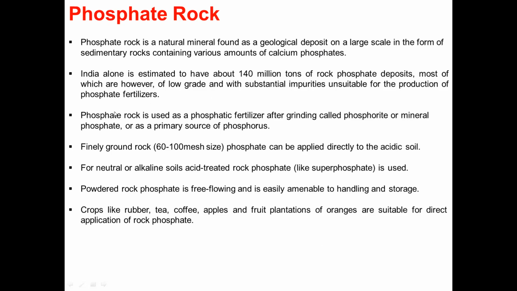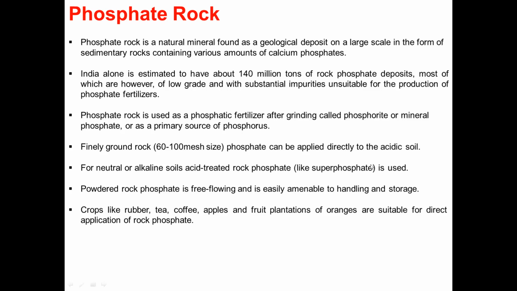Phosphate fertilizer. Phosphate rock is used as a phosphatic fertilizer. After grinding, it is called phosphorite or mineral phosphate, or it is used as a primary source of phosphorus. Finely ground rock, about 60 to 100 mesh size, can be applied directly to acidic soil. For neutral or alkaline soils, acid treated rock phosphate like superphosphate is used.